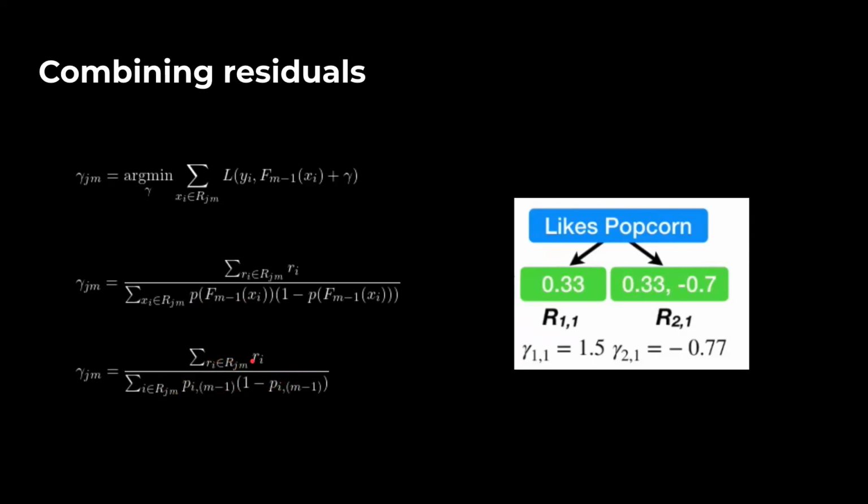So it's the sum of the residuals divided by the sum of the previous probability times 1 minus the probability for each training example for the previous model, right? It's not exactly the most simple formula, but it's purely just calculus derivation such that we can minimize the loss function. And again, this will look completely different if we use a different loss function. This is just the result if we use cross entropy.